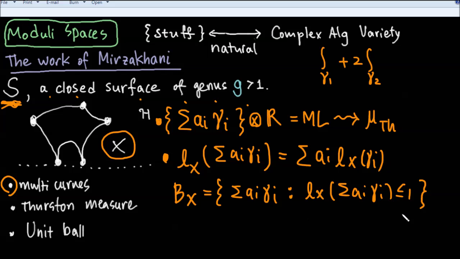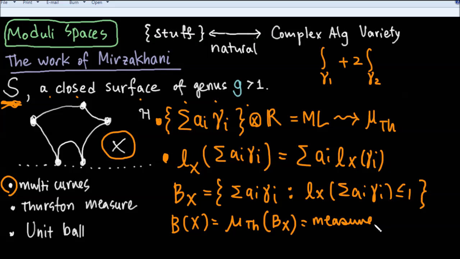That's what that is. And she defines B(X) as this subset in that multicurve world, and she puts this Thurston measure on that collection of multicurves. So in short, this is the measure of the subset of multicurves of length less than or equal to 1.